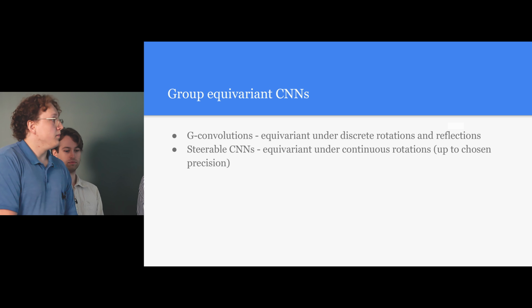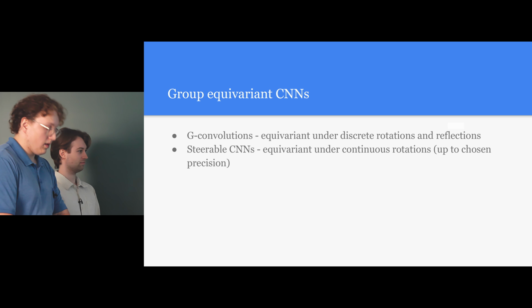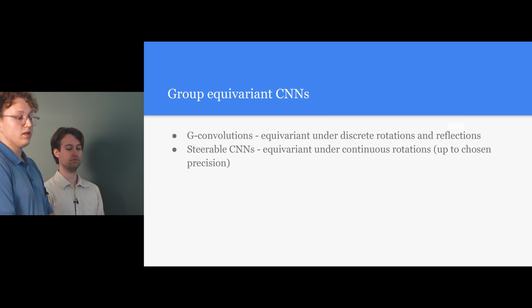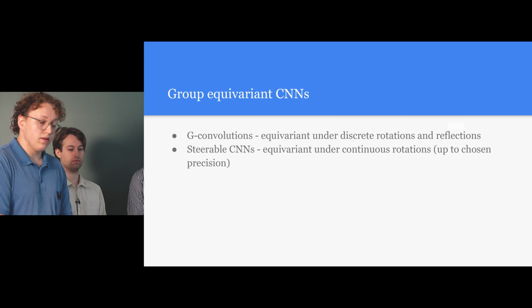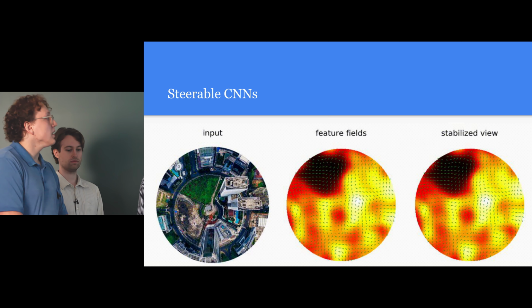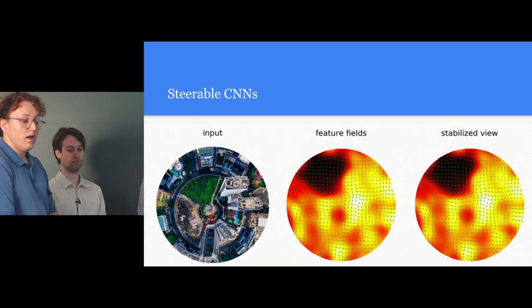Another method that I've been researching is group convolutions and steerable convolutions. Group convolutions are equivariant under discrete rotations and reflections, while steerable convolutions are equivariant under continuous rotations. Here we can see how steerable convolutions can be visualized.